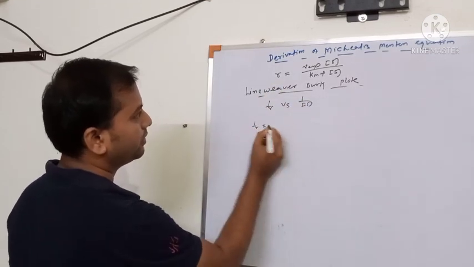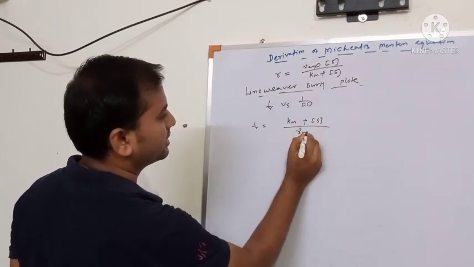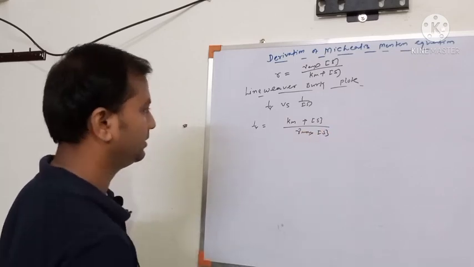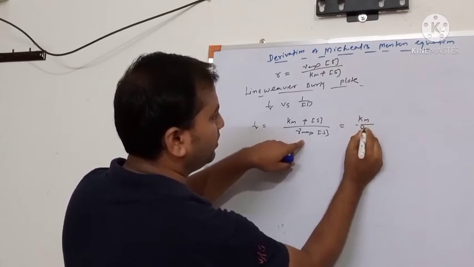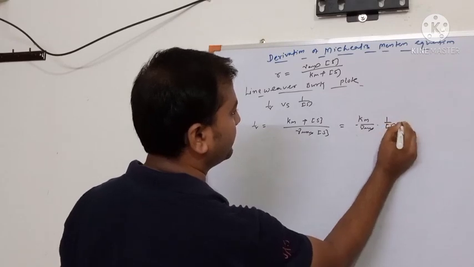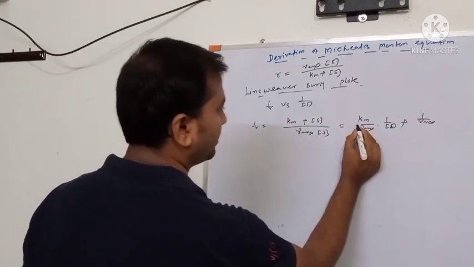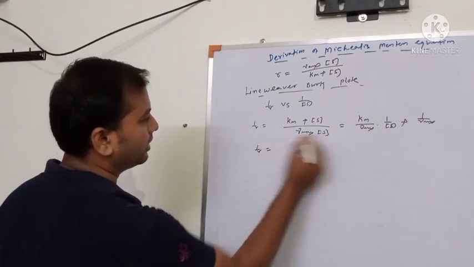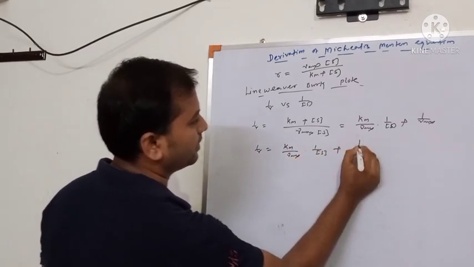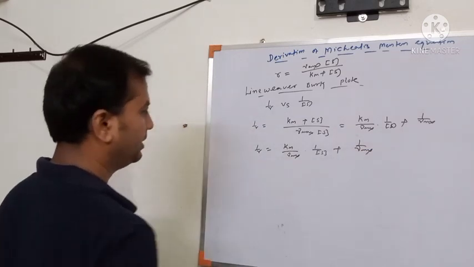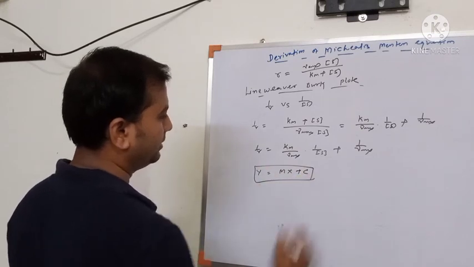Now 1 by R equal to Km plus S by nu max into S. So dividing, 1 by R equal to Km by nu max into 1 by S plus 1 by nu max. This is y equal to mx plus c, this equation.